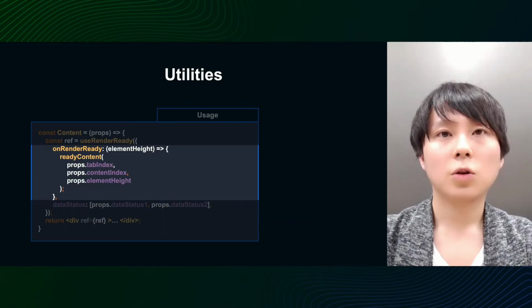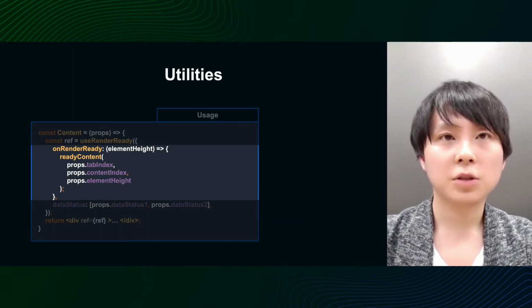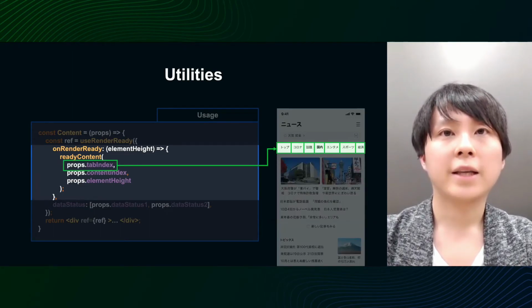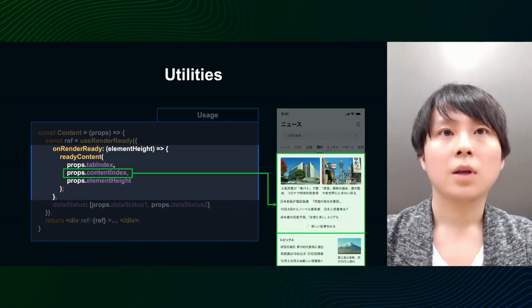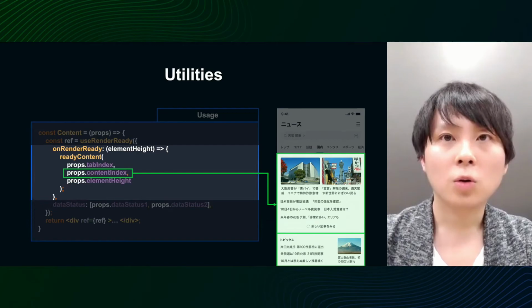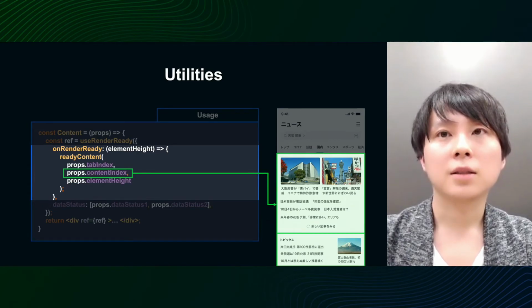In this callback function, we register an action to update the store of the skeleton screen: the tab X, which indicates which tab, such as top or domestic, and a content index that indicates which component is in the tab.